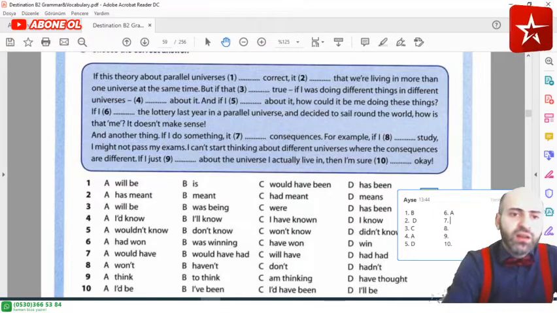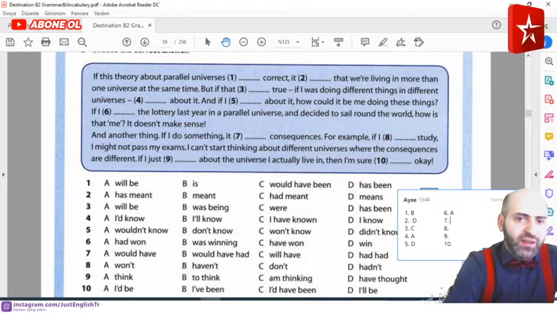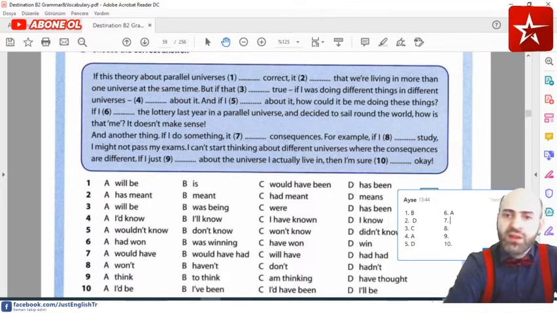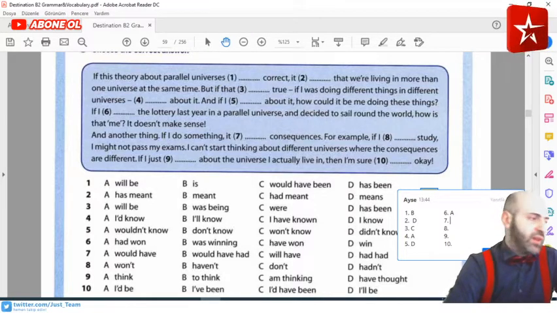True. In number 7, and another thing, if I do something, it blah blah blah consequences, it would have consequences, it would have had consequences, it will have, or it had. Which one do you think is correct for number 7, guys?